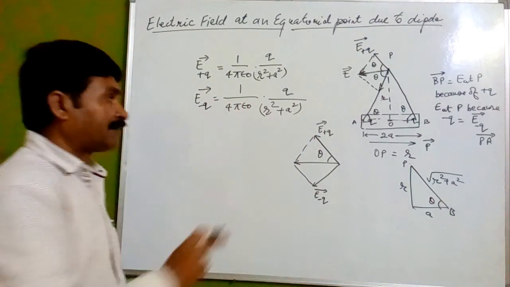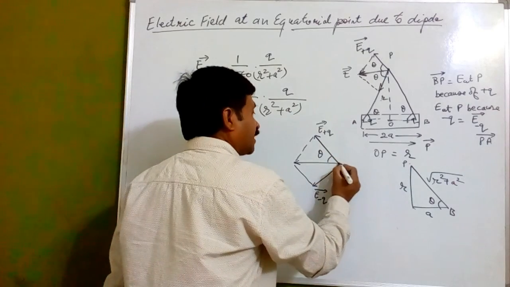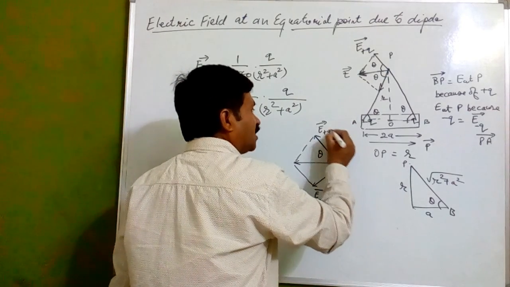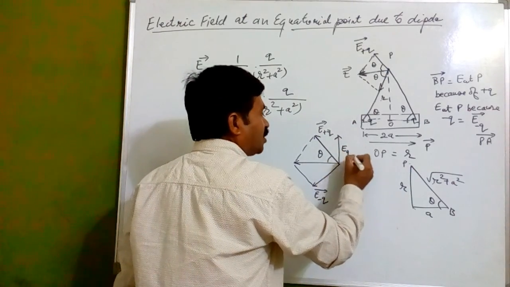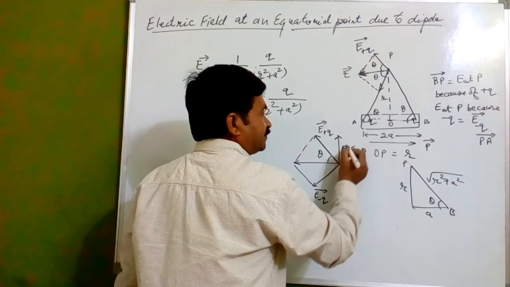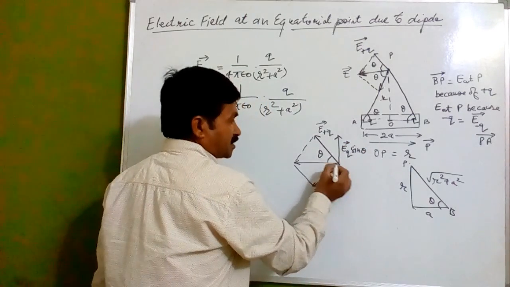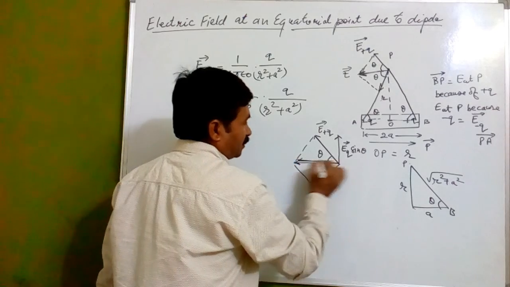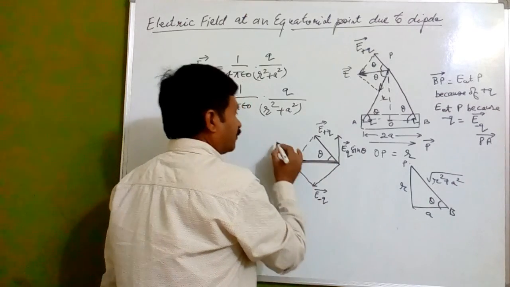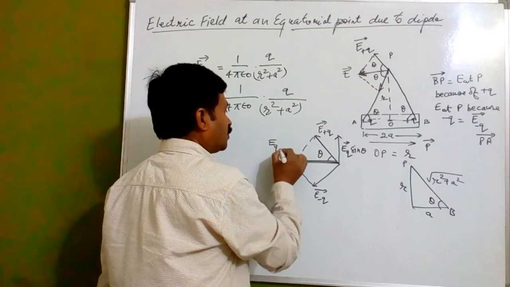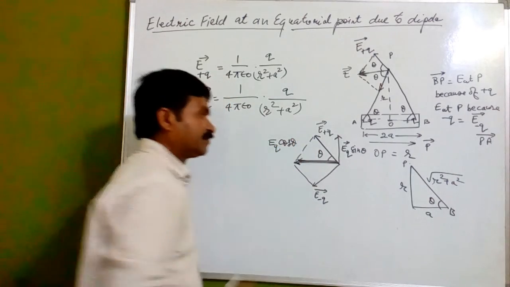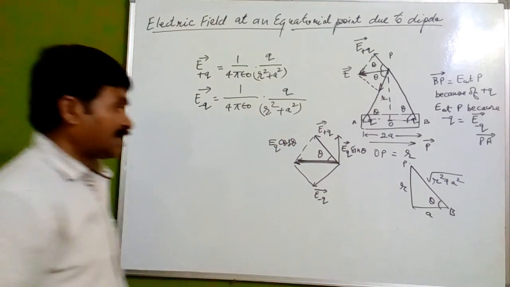Now there will be two components of electric field. One in this direction, that is because of the E_Q, so we call it E_Q sin theta, and this component which is acting in this direction, we will call E_Q cos theta. Okay.